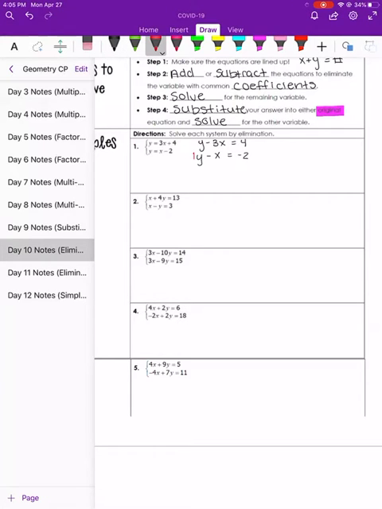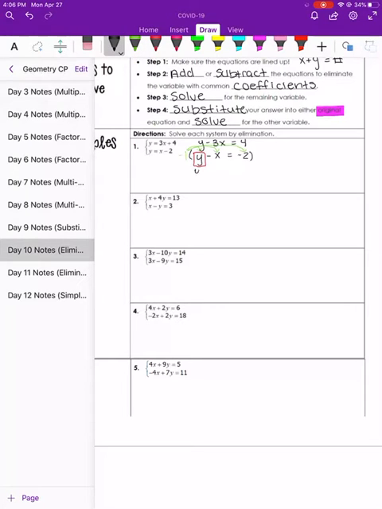So I need to make this y right here negative, so that I have a positive and a negative 1. The way to do that is I'm going to distribute a negative 1 to each of these terms.